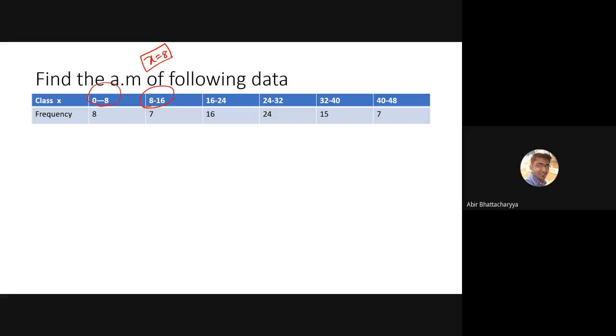Can anyone give me the answer? First class. Okay, Deepak, for your information, it depends on the situation. That is what data engineers do. Suppose someone got 8 marks, they either decide to include it in the first class.